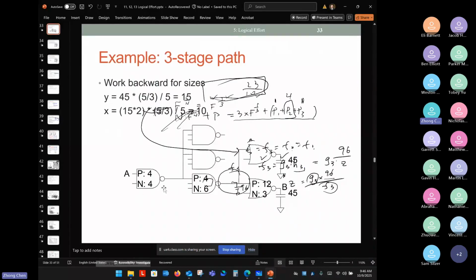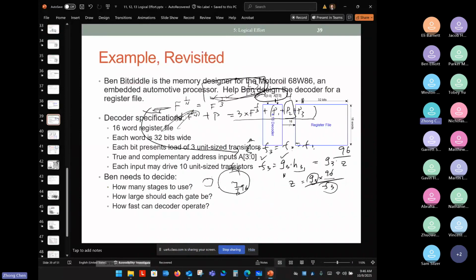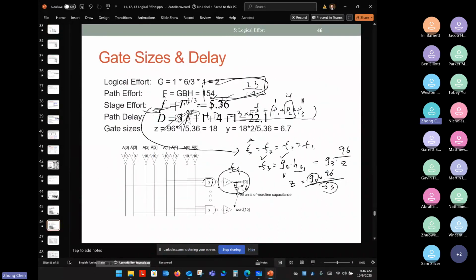The three-stage path: I give you a number of stages, and you should be able to calculate the best delay time through this particular path and calculate the size of the transistors, for example. So this is definitely going to be one of the questions. Similarly to this type of problem, how to estimate the best number of stages also needs to be considered.